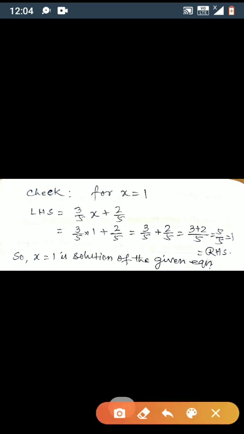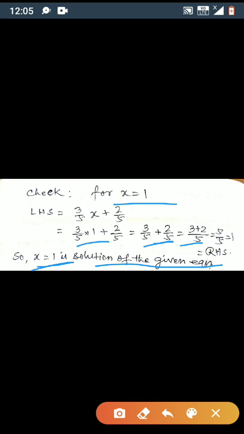For solving an equation, always remember you can use 4 rules. The same number can be added to both sides, the same number can be subtracted from both sides, the same non-zero number can be multiplied on both sides, the same non-zero number can be divided on both sides.